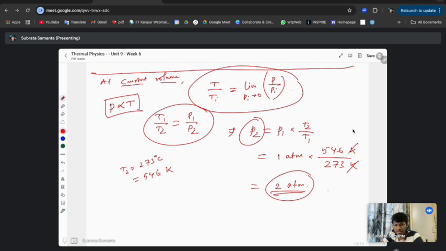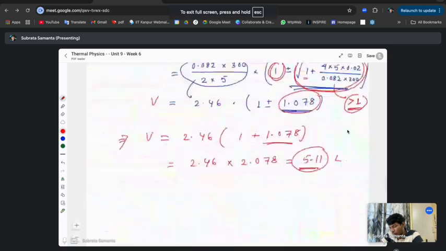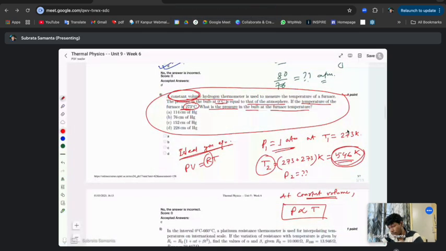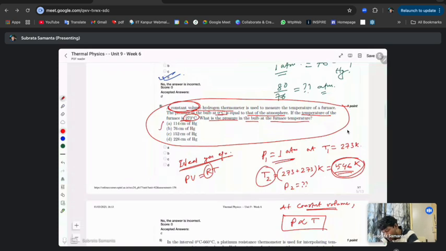So the pressure is 2 atm. Okay, so let's check the answer. So 2 atm, but if you look into the options, the options are given in centimeter of mercury. So now you tell me, 2 atm equals how many centimeter of mercury?